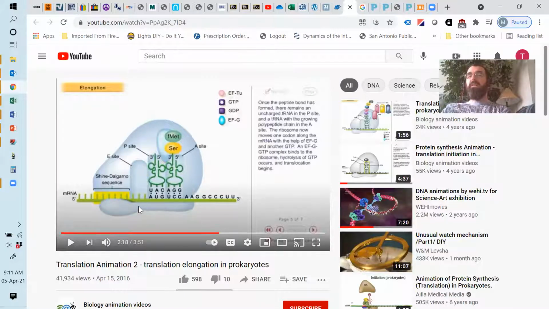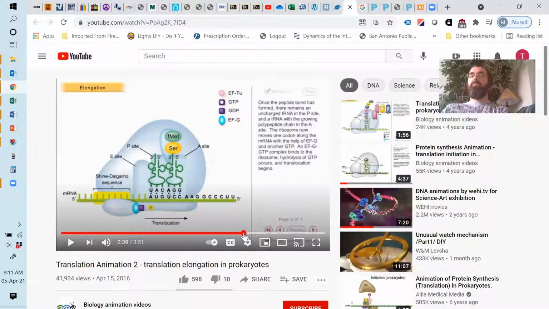And so that comes in, actually binds to the small subunit, the bit which is in contact with the mRNA. And the hydrolysis of that phosphate bond in GTP provides the energy to move the whole process along, called translocation.